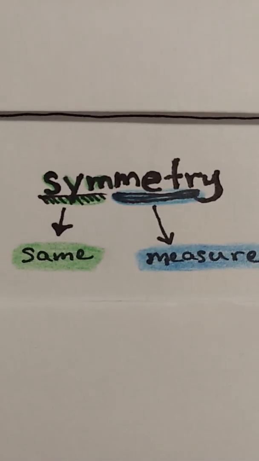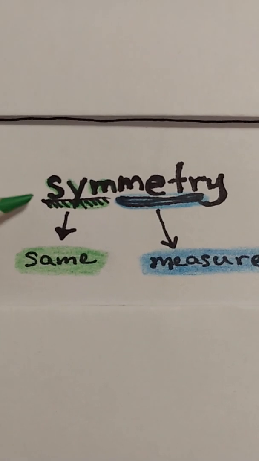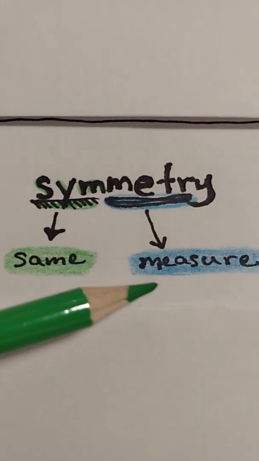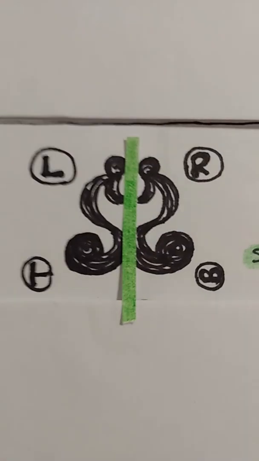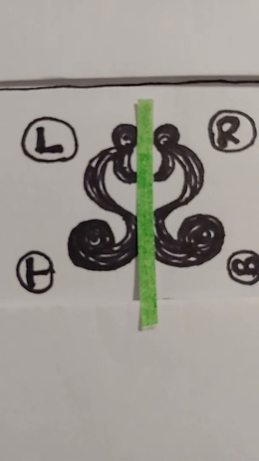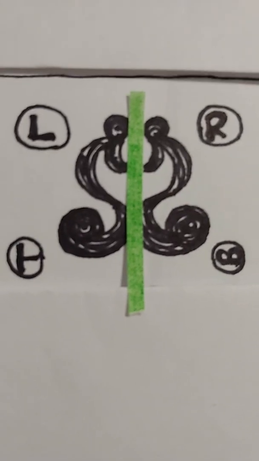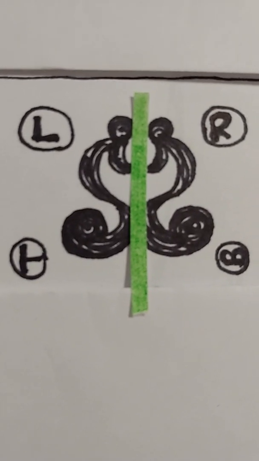In contrast, when we're working with symmetry, or same measure, it is very easy to see that the visual weight is equal on both sides of a dividing line.